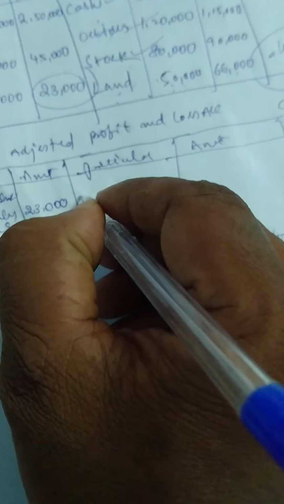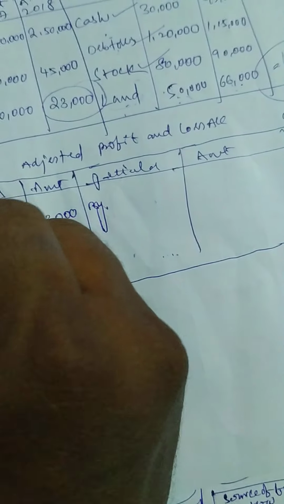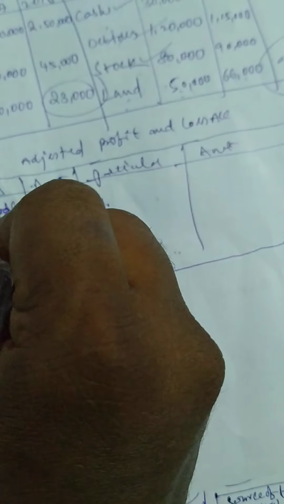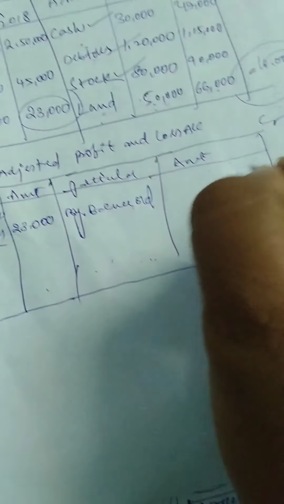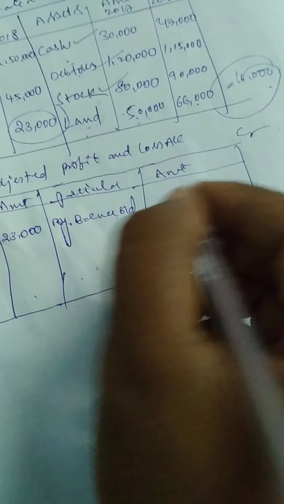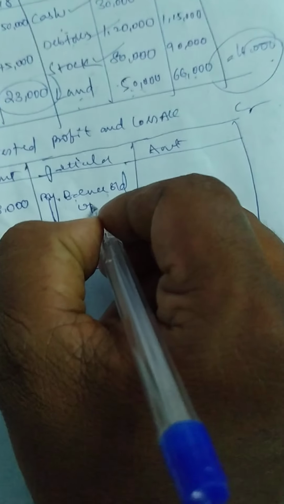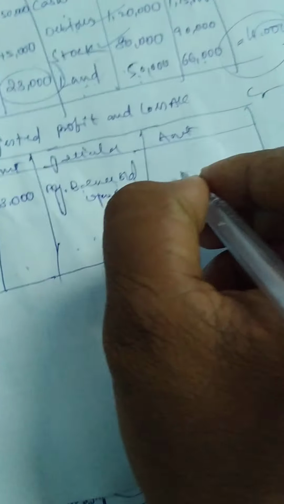Okay. Now this is balance carried down. This is balance brought down. Then opening balance, how much? Balance brought down means opening balance, 10,000 rupees.